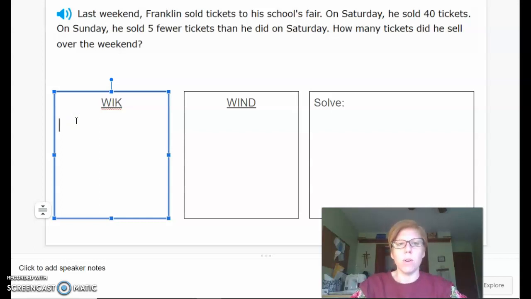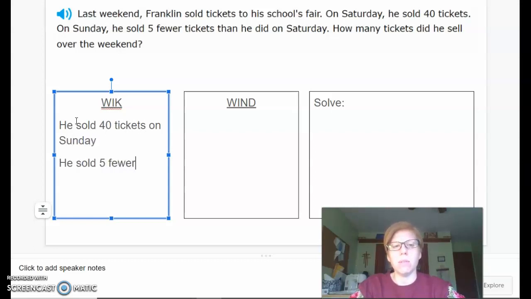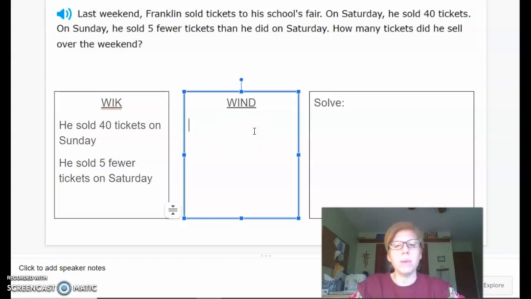What do we know? We know that he sold 40 tickets on Sunday. He sold 5 fewer tickets on Saturday. Right? Well, what do we need to do to solve this word problem now that we know what he did?